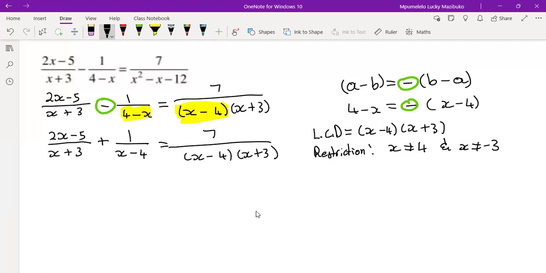So what do we do? We multiply throughout with our LCD. But if you're multiplying something that is a binomial, like this numerator, it has 2 terms, you put it in brackets before you multiply it with the LCD. Okay, and then this is to be divided by x plus 3, right?